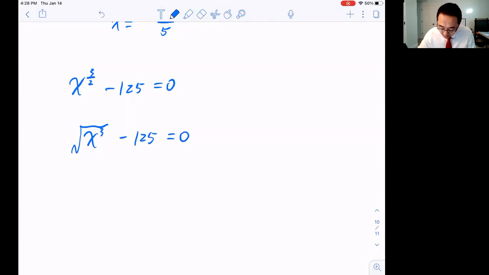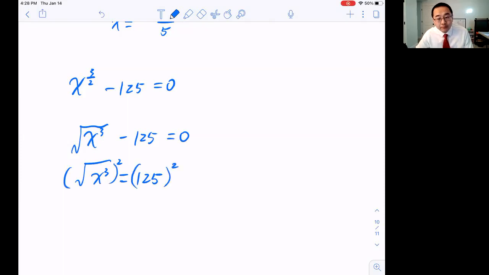So this equals the square root of x cubed equals 125, right? The way to then solve this is to raise both sides to the square term. If you square both sides, then you get x cubed equals 125 squared, which is what?